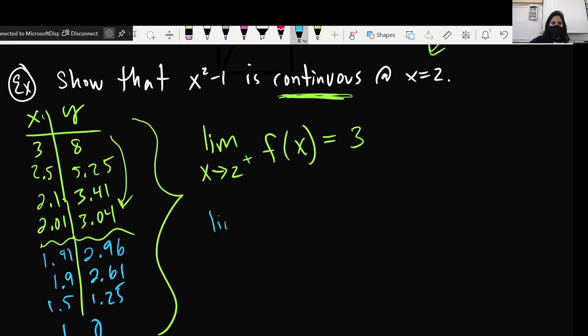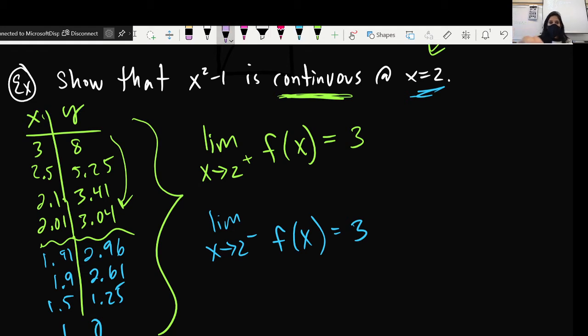And then the limit as x approaches 2, and again, I should clarify this, it's not from the negative side. They're not negative values, but we're saying to the left of the value that we're interested in, right? So approaching from what initially would be negative values and coming up towards wherever we're at. And that also would be equal to 3.